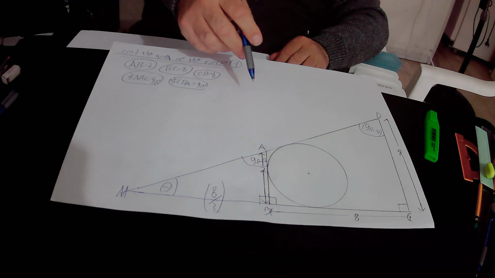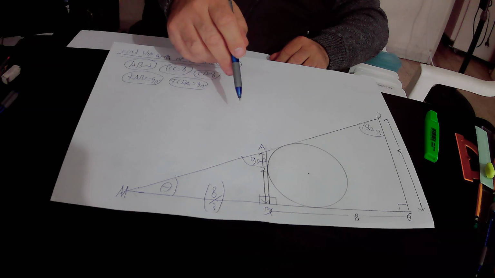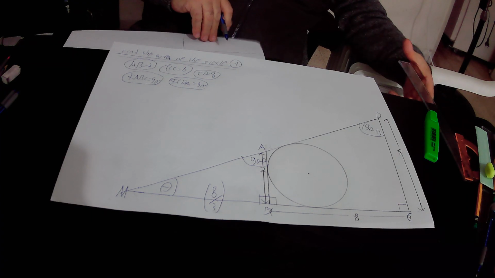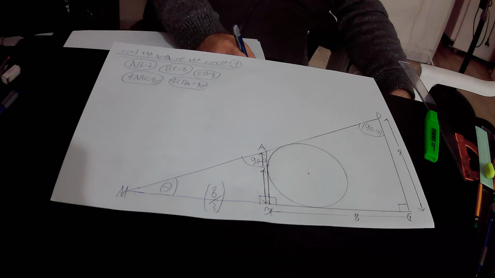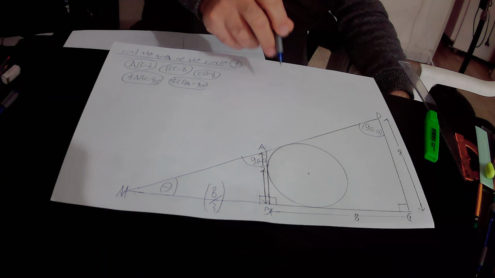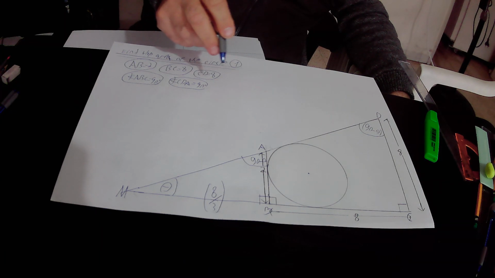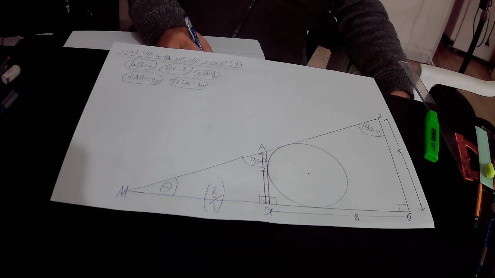The hypotenuse in the right triangle MBA is AM, therefore the square of the hypotenuse is AM squared. And it must be equal to AB squared plus BM squared.